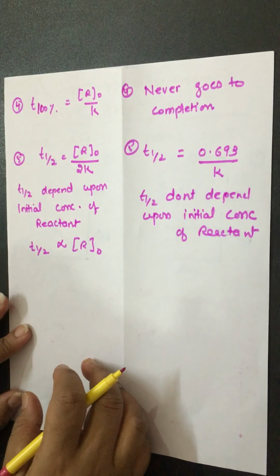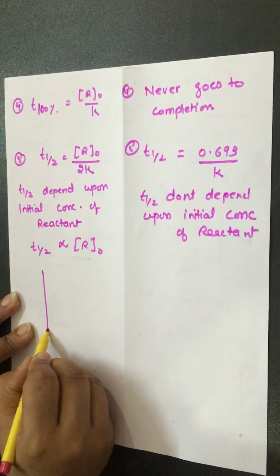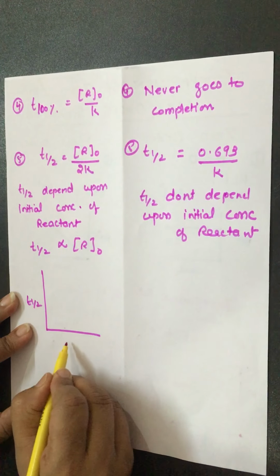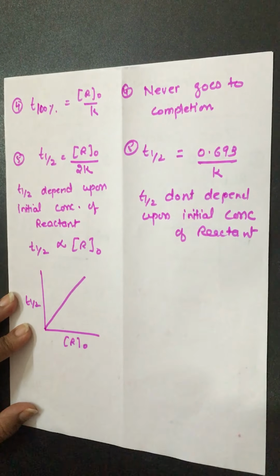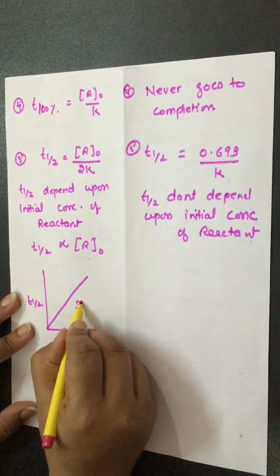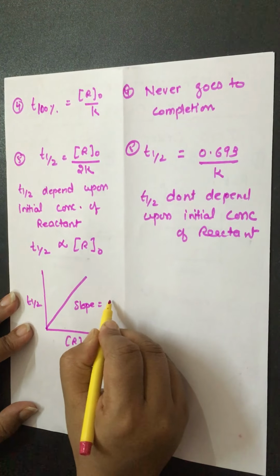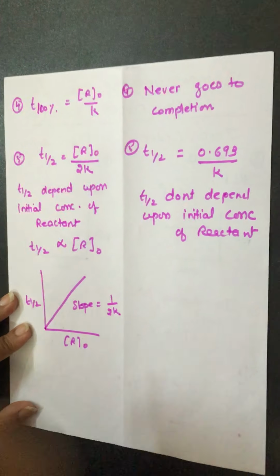Okay, if I want to plot a graph between the T half and initial concentration for zero order, it would be like this, in which slope equals 1 by 2k.